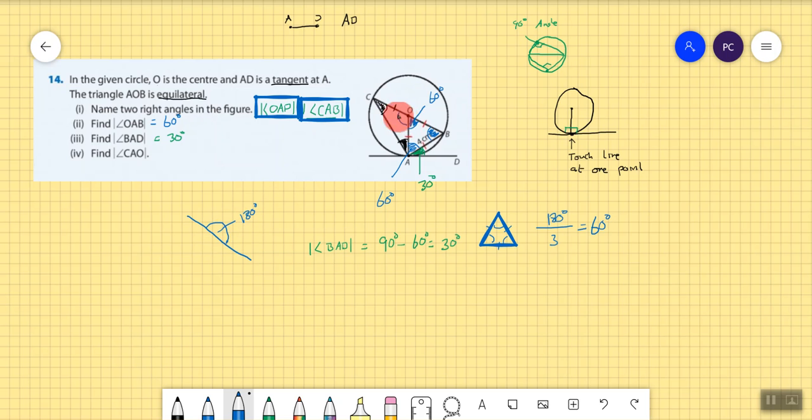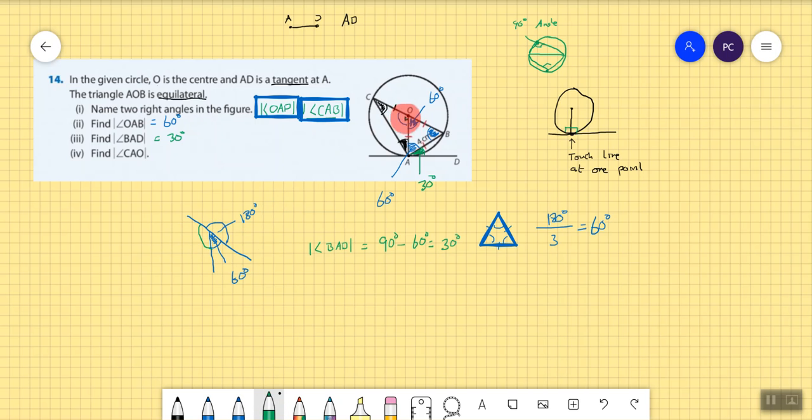Now we can see that this is split up into two parts, like so. And this angle we know is part of this equilateral triangle, so it's 60 degrees. So now we want to work out what this one here is.